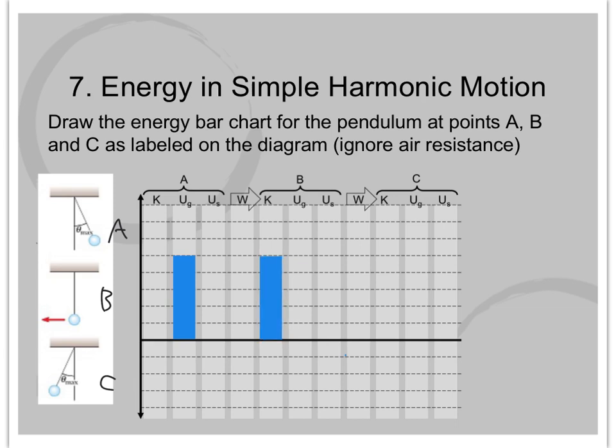And then when it swings back to that maximum displacement on the other side, we are back to all gravitational potential energy once again. And so that's what our energy bar chart would look like, going from gravitational potential to kinetic back to gravitational potential energy.